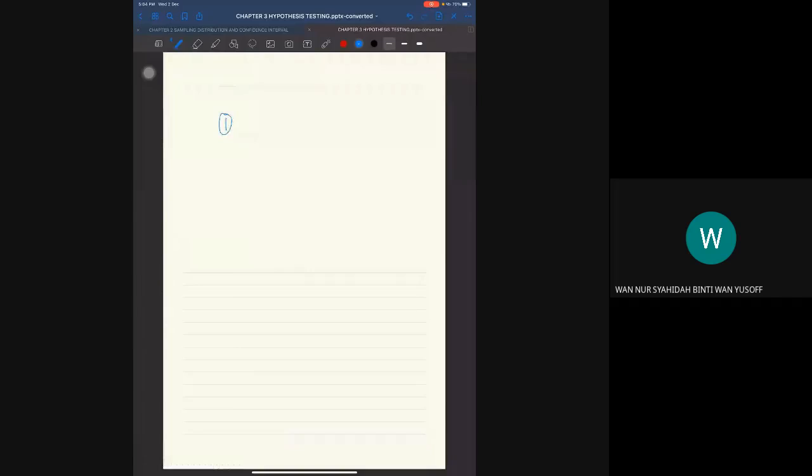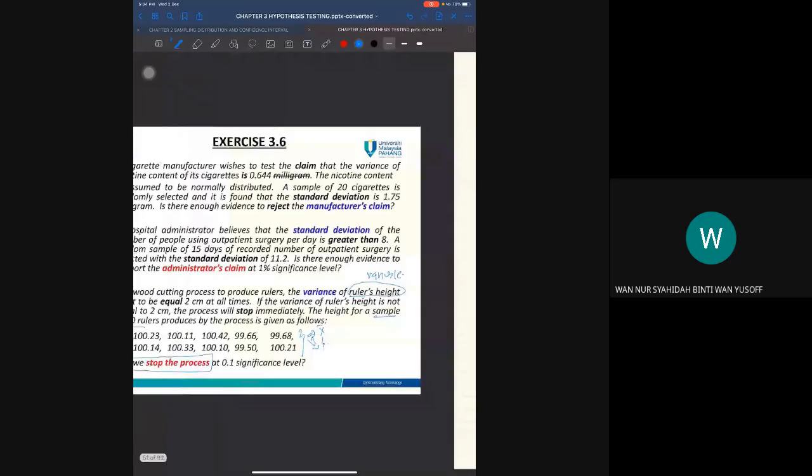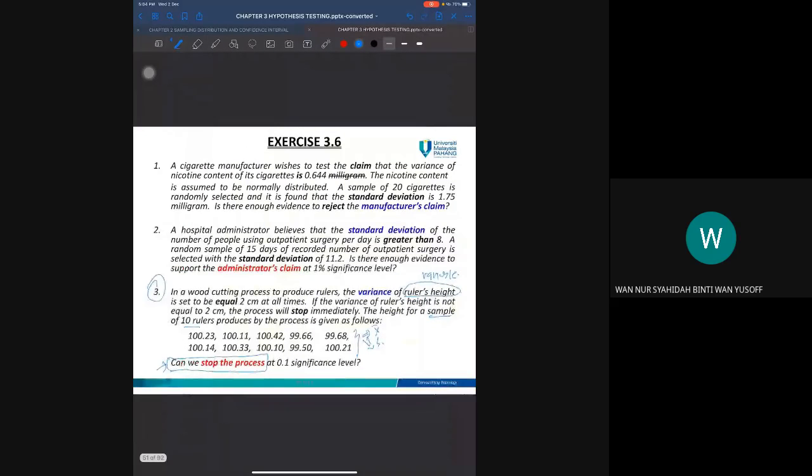So this is your hypothesis. After you have the sample data here, you can calculate your x bar if you need, and also the s. So we go to the hypothesis. Step 1. Stop the process, go back to the story here.